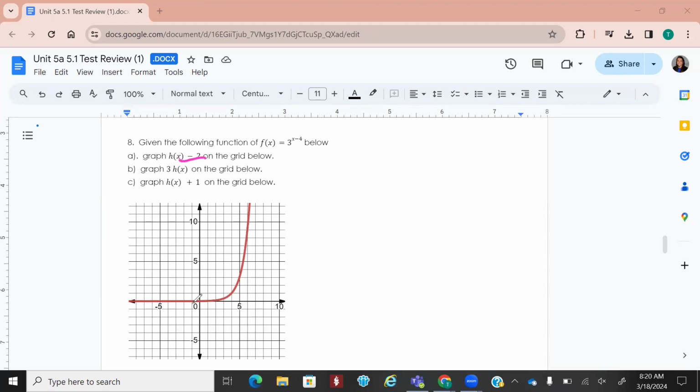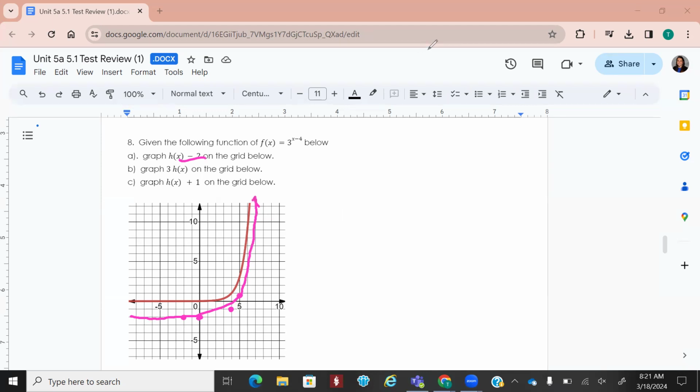So we take all of our dots and subtract 2 from them and move it down. And when we do that, we're going to get this little pink line. It moves all the dots 2 units down. That's all it does.